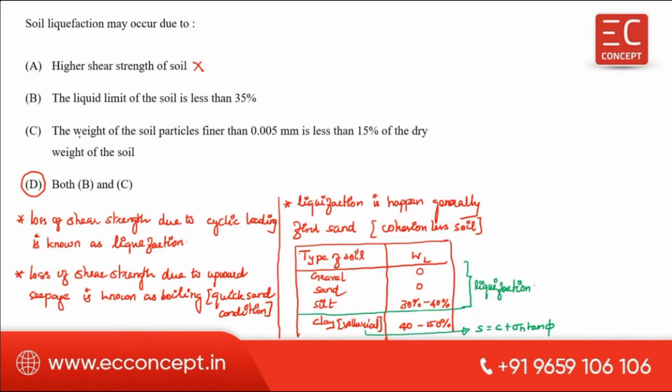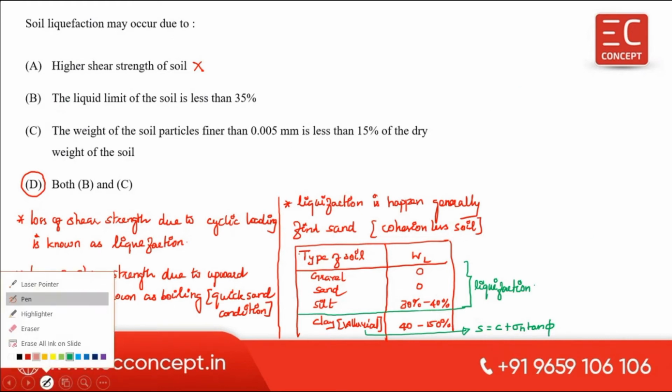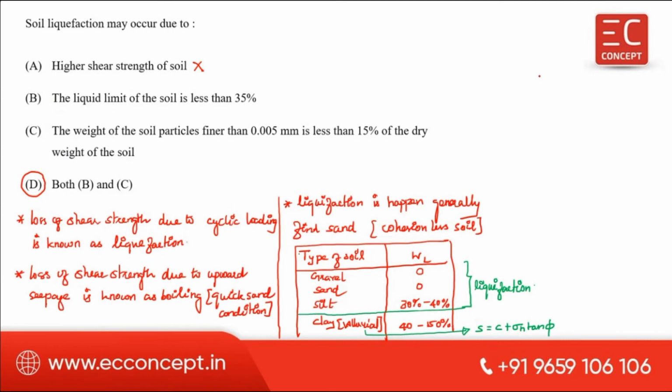Then what is C? The justification of C is, generally, the classification of soil depends on the percentage of fines.